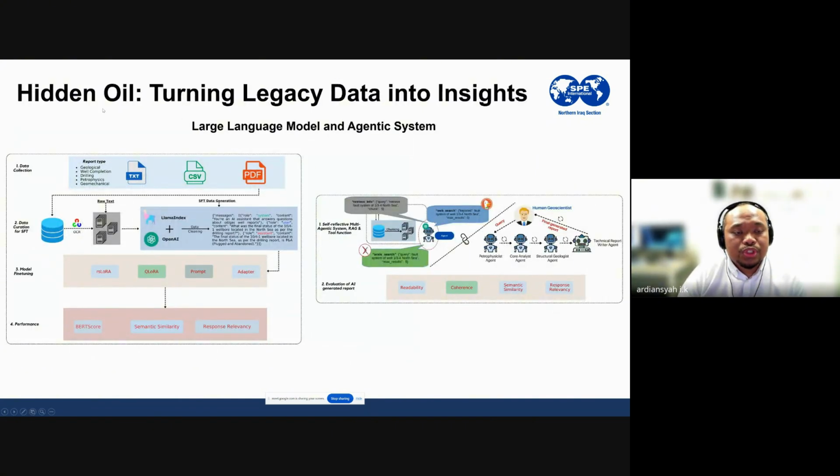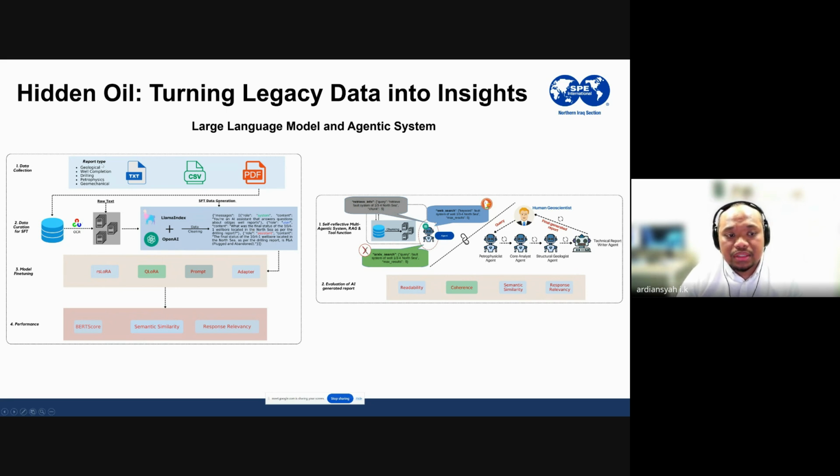One thing that I want to show you, as I mentioned before, is how we can leverage this technology. This is what we call hidden oil, where you try to turn legacy data into insights. As you know, we have thousands, if not hundreds of thousands, of well reports. Mostly they are very old and very low quality, and nobody will look at them again.